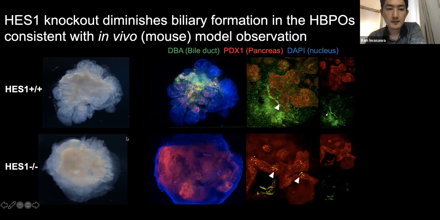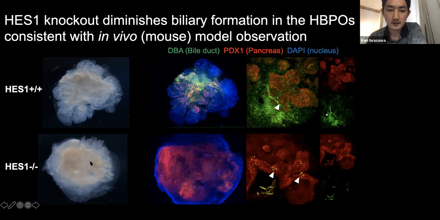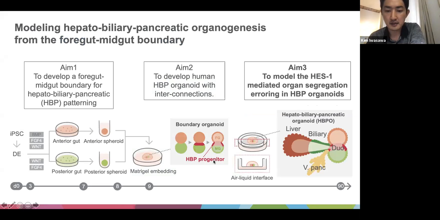So we were able to develop an anterior-posterior boundary that expresses the hepatobiliary progenitors, also recapitulating the in vivo findings in our in vitro organoids.